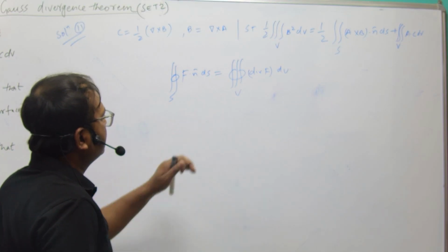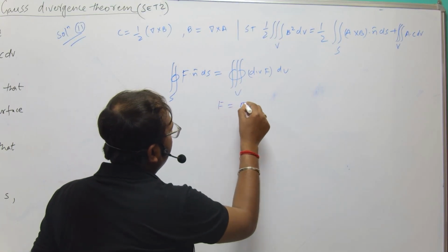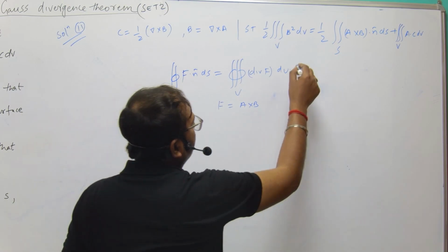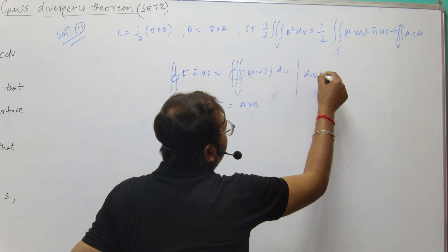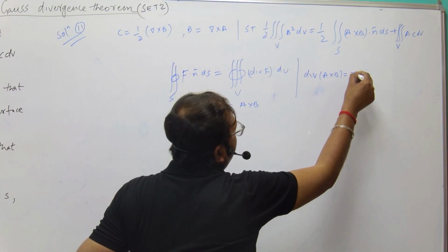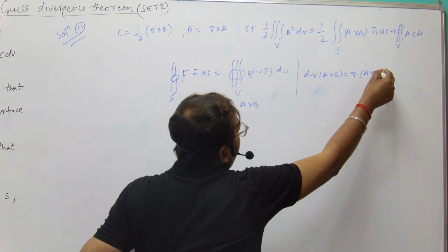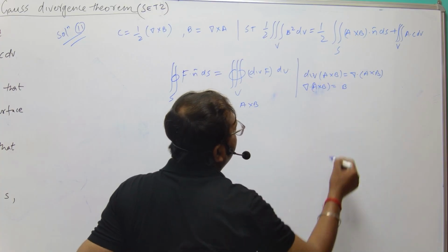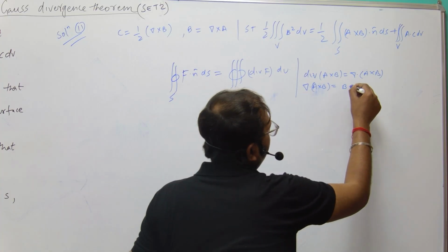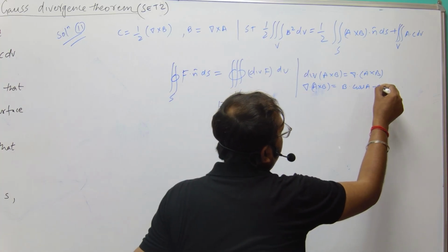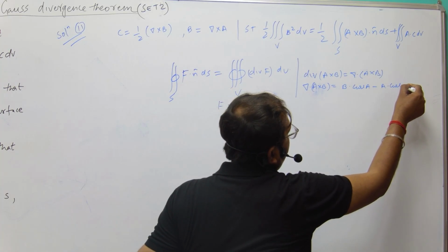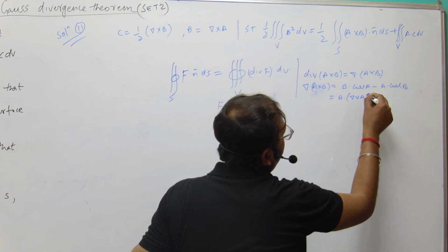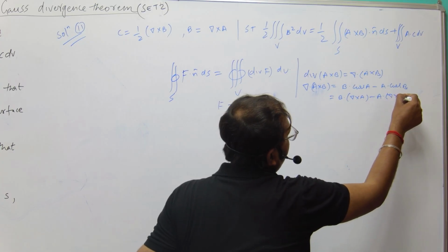So let us take F is equal to A cross B. From the vector identity, divergence of A cross B is equal to del dot A cross B, which is equal to B dot curl of A minus A dot curl of B. So this is B dot del cross A minus A dot del cross B.